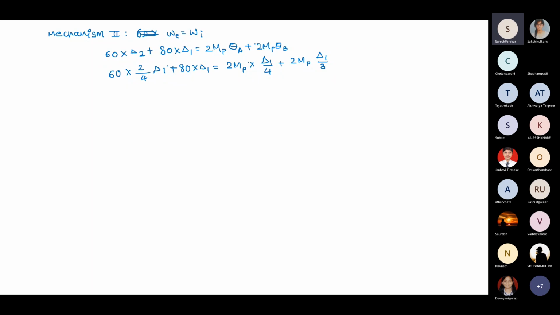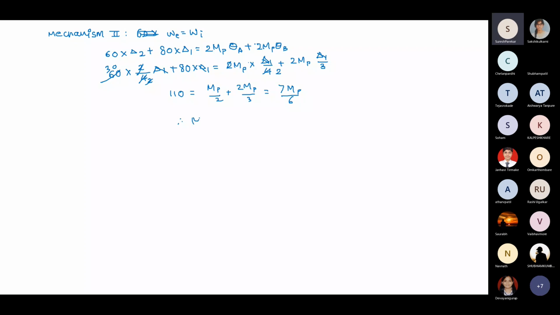So delta 1 gets cancelled from all. So 2 2s are 4. So 30. So 30 plus 80, 110 equal to Mp by 2 plus 2 Mp by 3. So 3 plus 4, 7 Mp by 6.